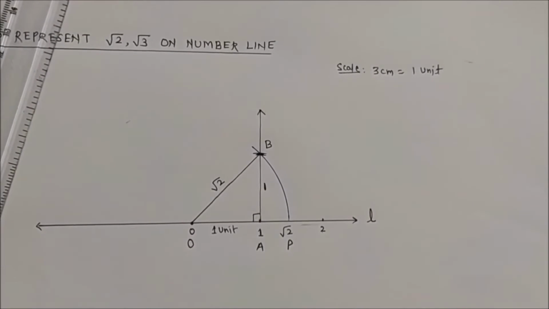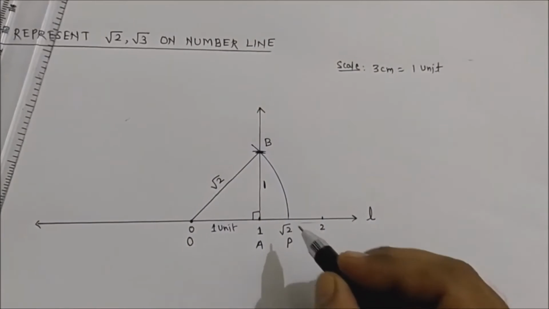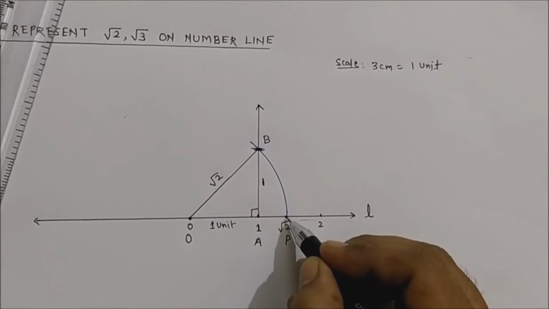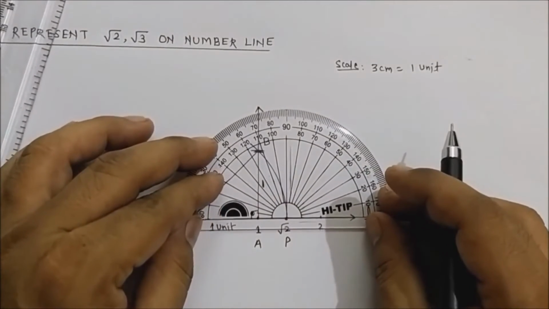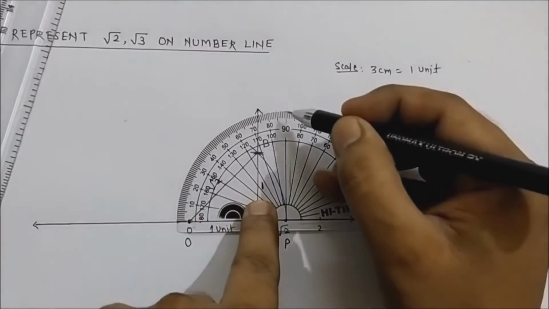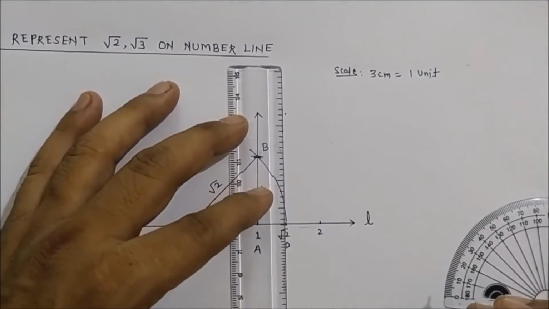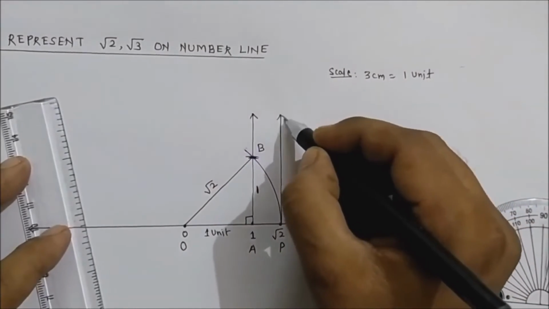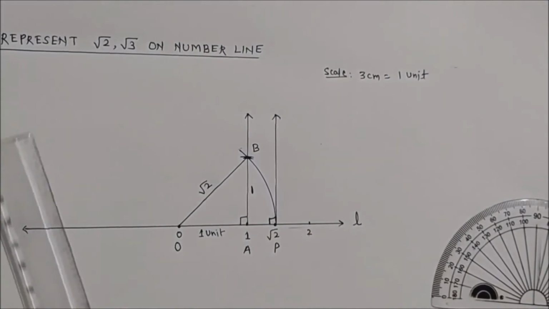Now let's go for root 3. On this point P, that is root 2, you draw one more 90 degree angle. Draw 90 degree at point P, and mark the 90 degree symbol, perpendicular.